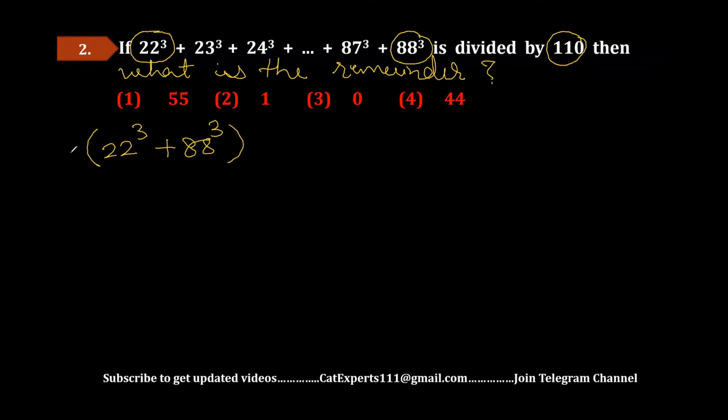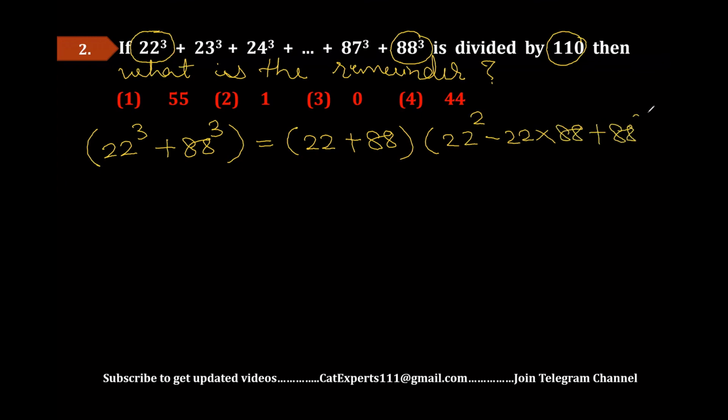Let me write these two numbers together. You all know a cube plus b cube. One factor will become 22 plus 88, into what should be the second factor? A square minus ab plus b square.